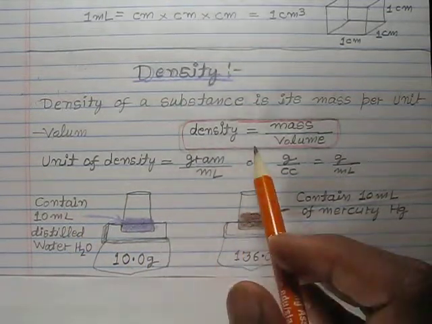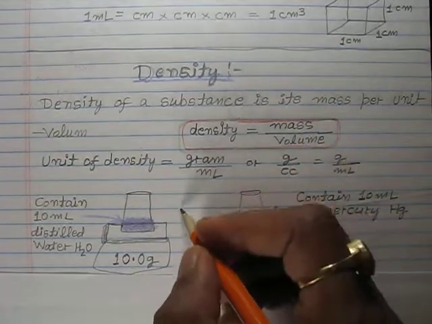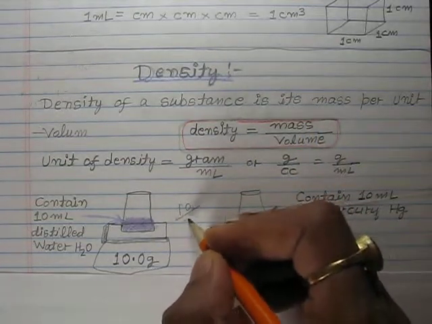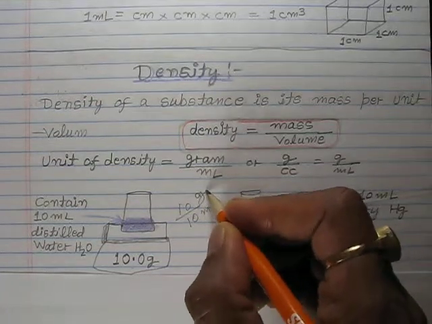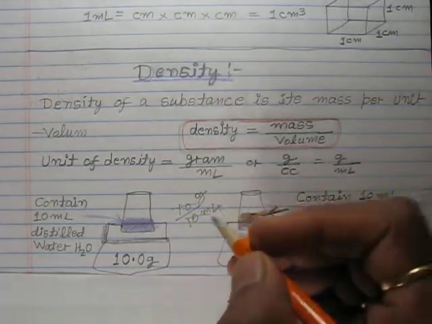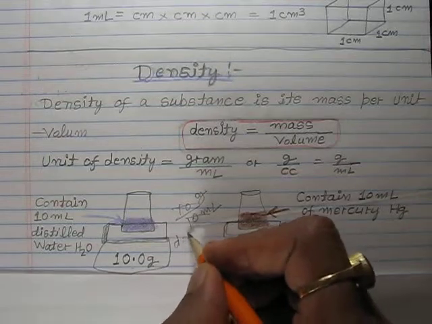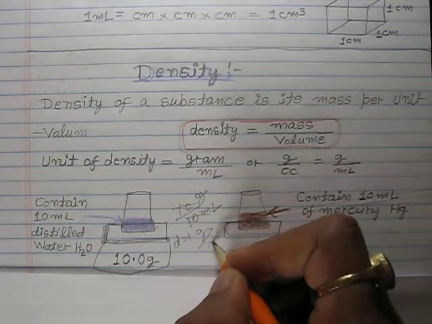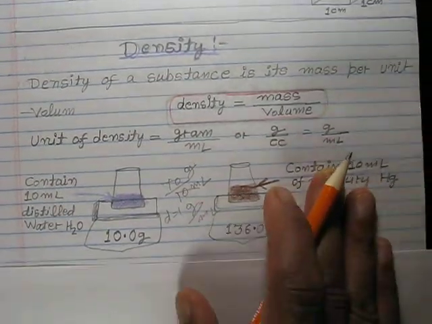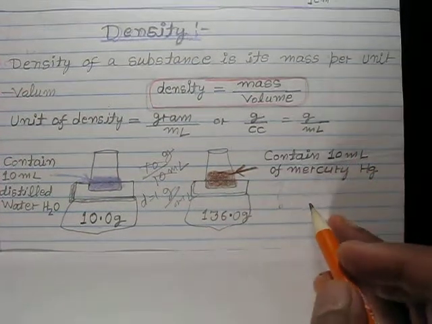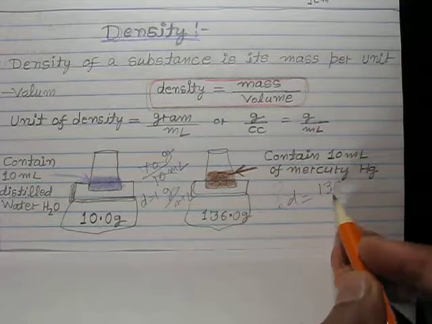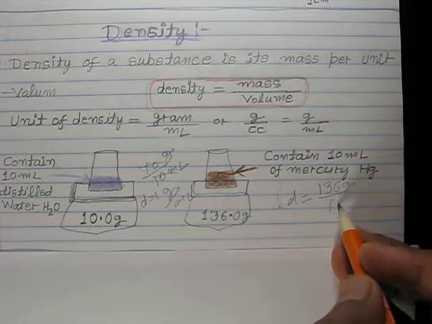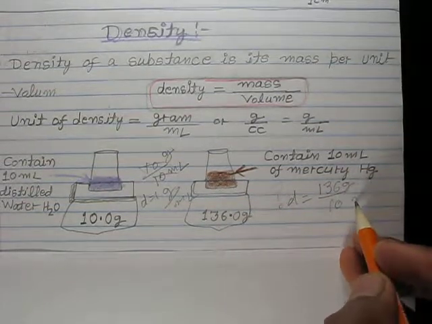So water has a density of 10 gram by 10 ml, so water has a density of 1 gram per ml, right? And if we calculate the density of the mercury, it is 136 gram divided by 10 ml.